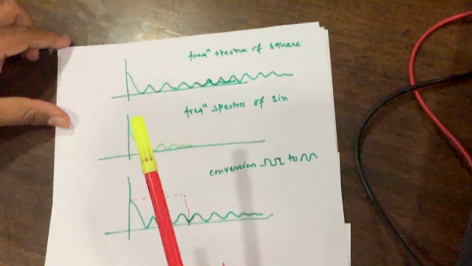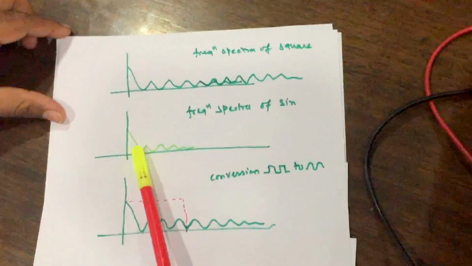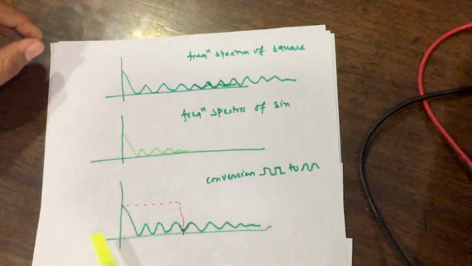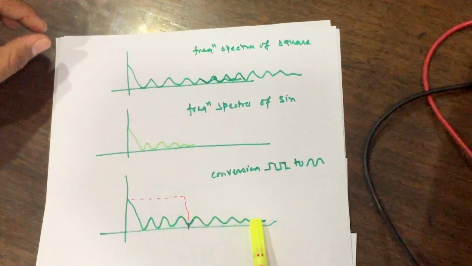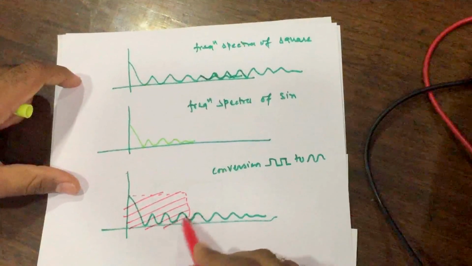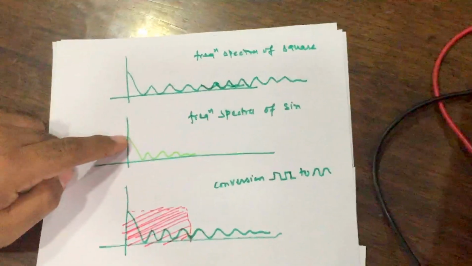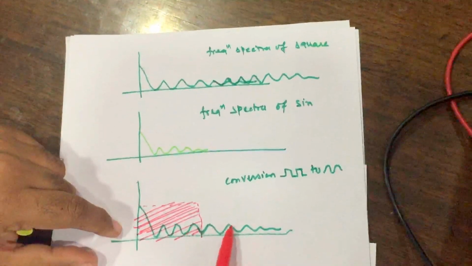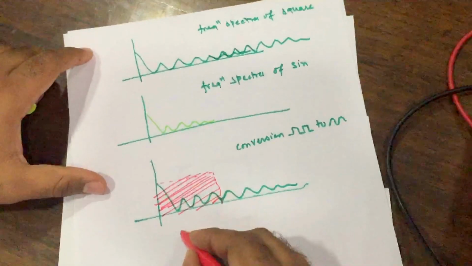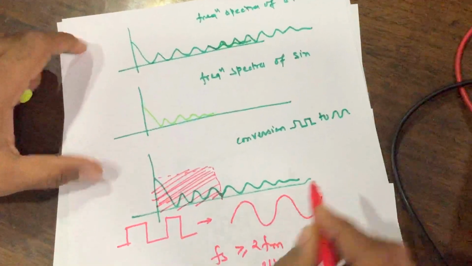When I see the same frequency as a sinusoid in the frequency domain, I can see there are limited effective components. So this is my square wave frequency spectra. When I pass it through a low pass filter, that means I am allowing only the effective spectra which is equivalent to my sine wave, and so this square wave is converted into the sine wave. In the time domain, we can represent the conversion of our square wave into this sine wave.